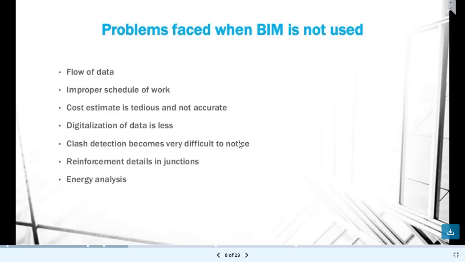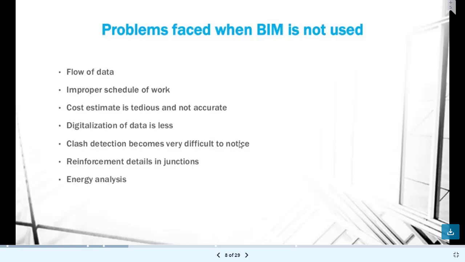If we have BIM software, like Revit or other software such as STAAD and ETABS, we can analyze up to where the columns and beams are applied. We have the flow diagrams, we have the design, and after that we schedule the work: how to start, and up to what time we complete it.